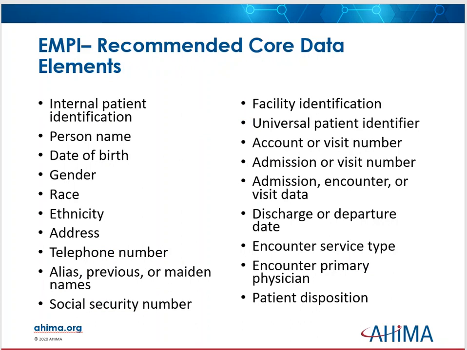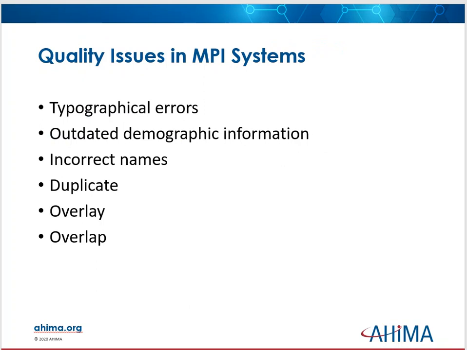The EMPI core data elements are listed here, anywhere from identifying the person to the type of admission, to the physician encounter, how they were discharged, all of that is listed. Some of the quality issues that come into play: there can be typographical errors, transposing numbers. There's outdated demographic information, as we know, we're always moving or getting married, changing our names.